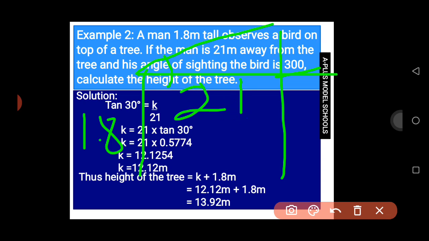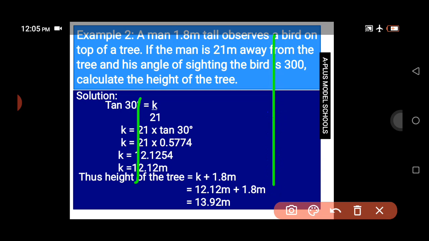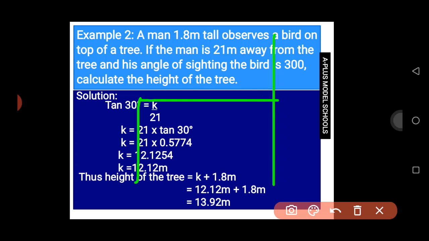You will now look at this diagram very well. If I carve it out, this is the man standing, this is the tree. The tree is taller than the man. If the man is standing here, this will be the sight of the man, then this will be the angle of elevation, and the bird is here. So this is the angle of 30 degrees, and this is the distance between the man and the tree, which is 21 meters.